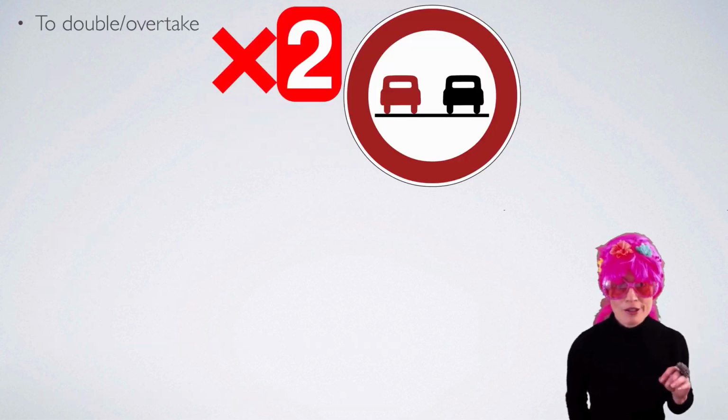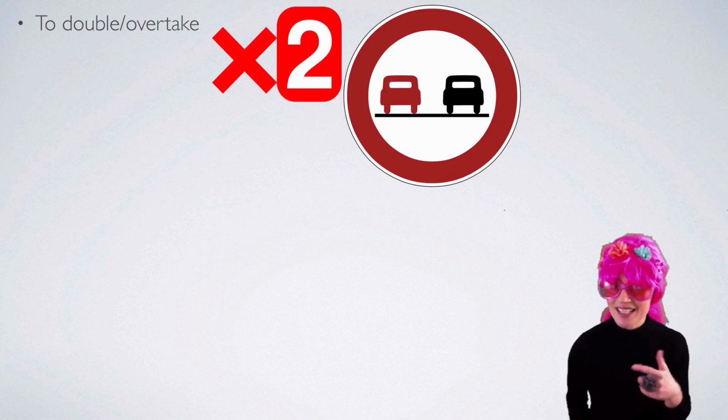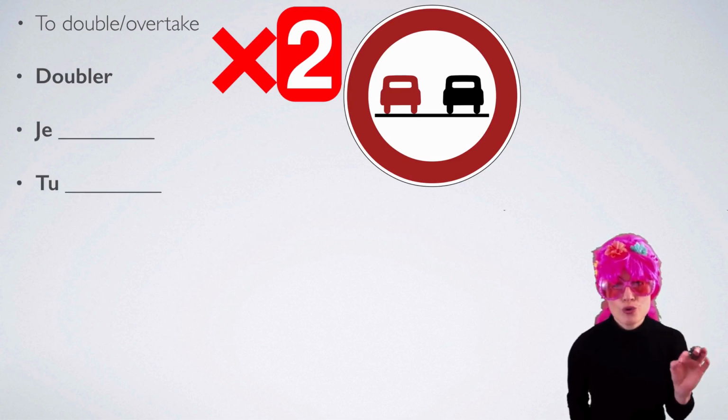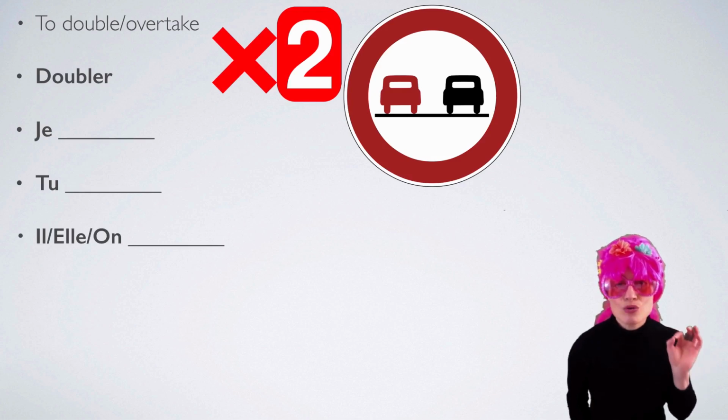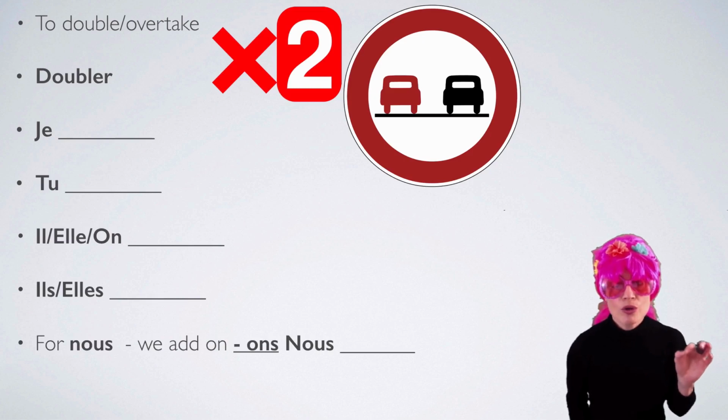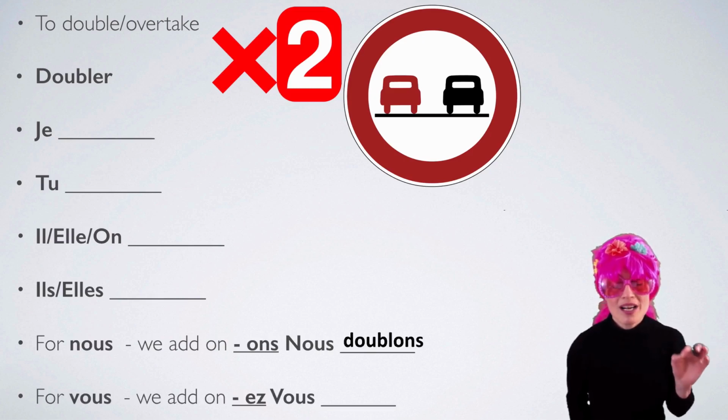To double, as in to double numbers, or to overtake, as in overtake cars, in French is doubler. Je double. Tu doubles. Il, elle, on double. Il, elle, they double. Nous doublons, vous doublez.